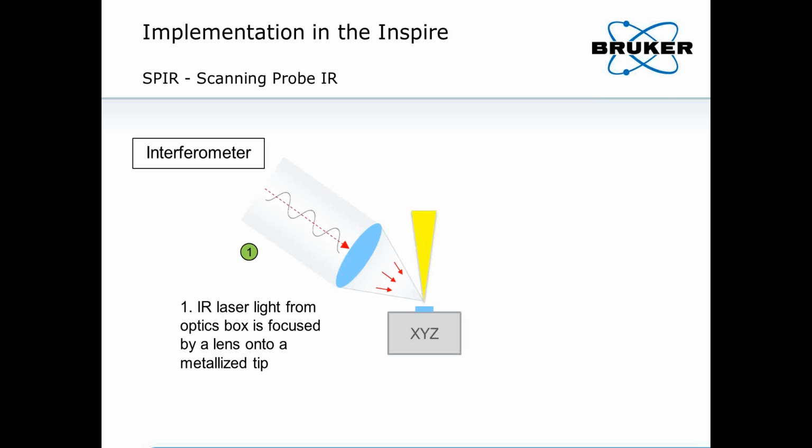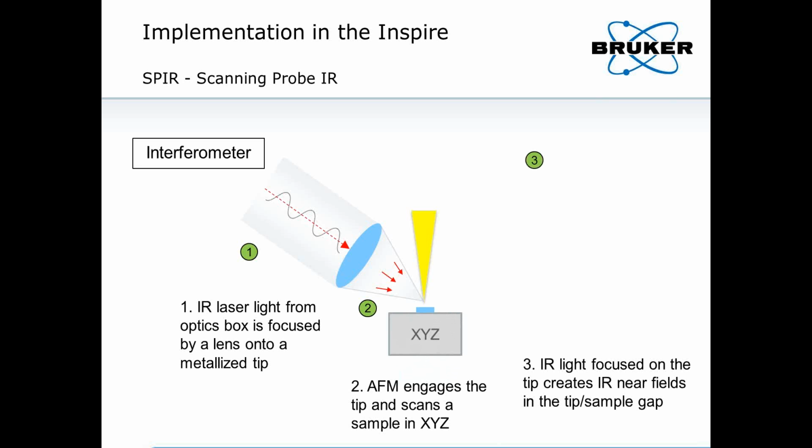The light is brought in and focused by a lens onto a metallized AFM tip. The AFM is a sample scanning AFM, which the Inspire has, and it also has a sample engage. The AFM engages the tip and scans the sample in X, Y, and Z.